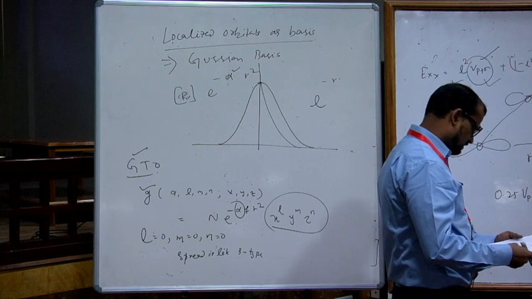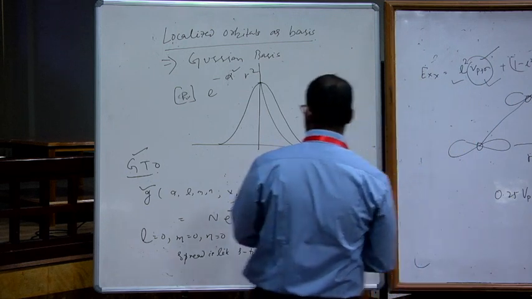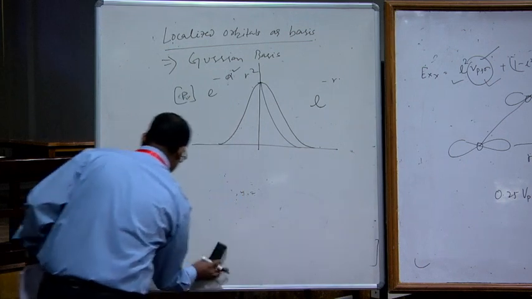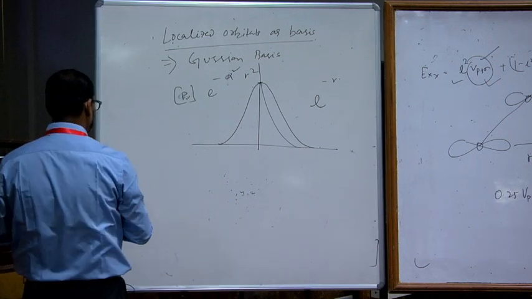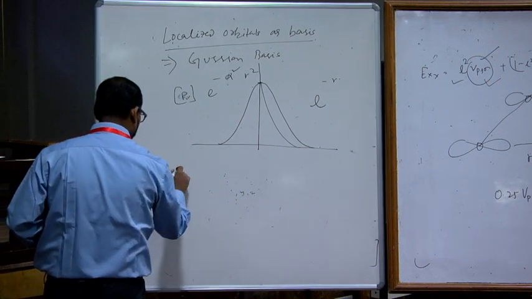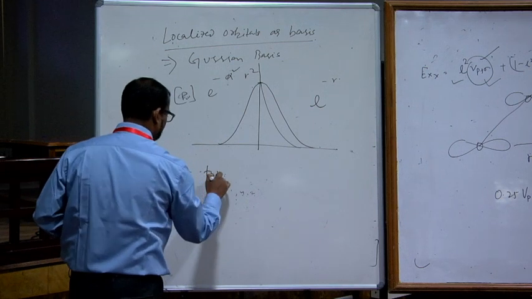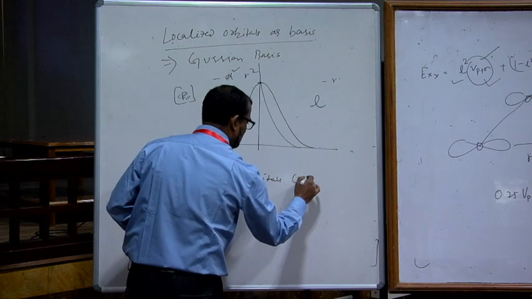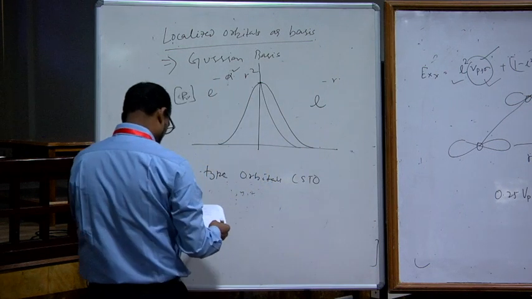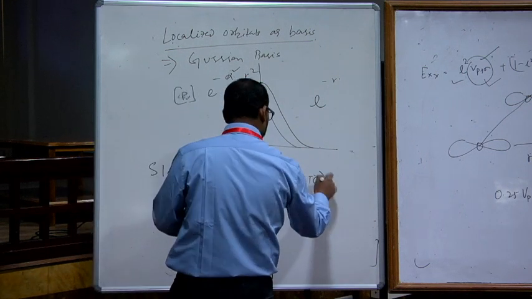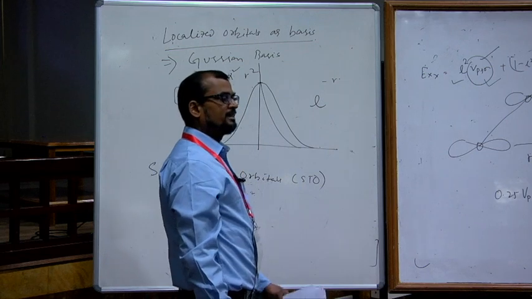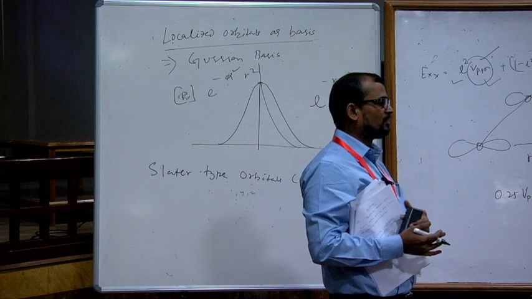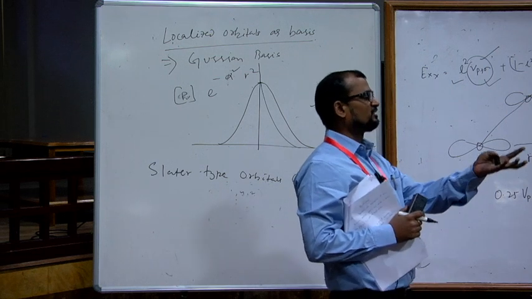Then Slater came into the picture. He found something called Slater-type orbitals. What he did is that he took a set of Gaussian orbitals and made a combination of them.